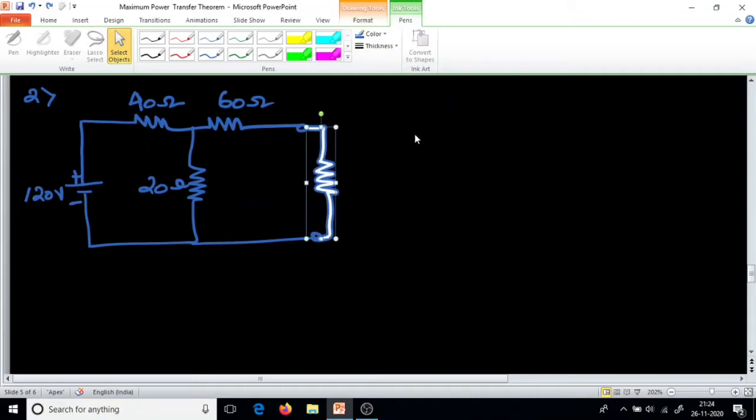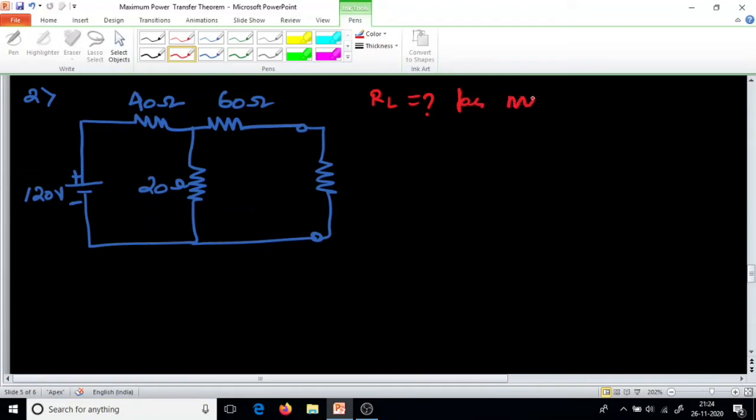We have to find it. Okay, so this is a question. Calculate the value of RL. RL we have to find out for maximum power transfer.